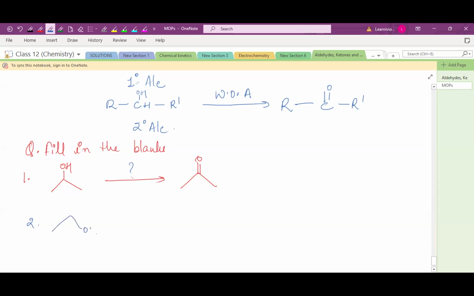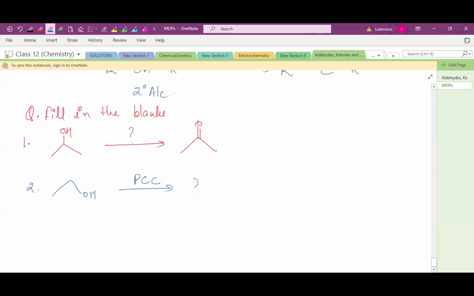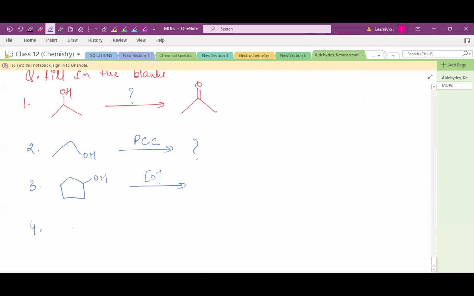Second question, simple, if I write oxidation, quickly write down the product.